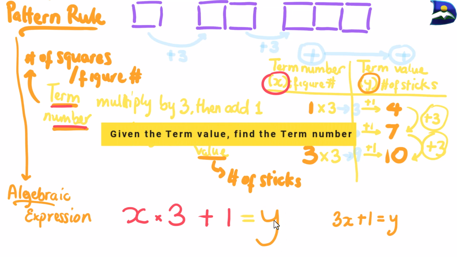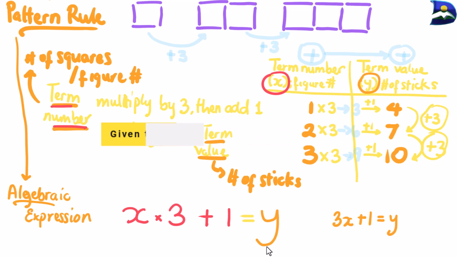Likewise, if you're given the number of sticks and you're asked to find how many squares is required given that number of sticks, all you do is you put in that given value for the number of sticks in this expression or equation, and then you can solve for x.